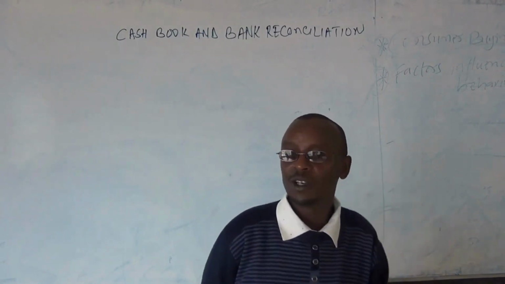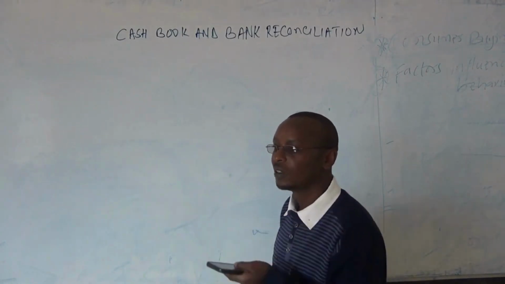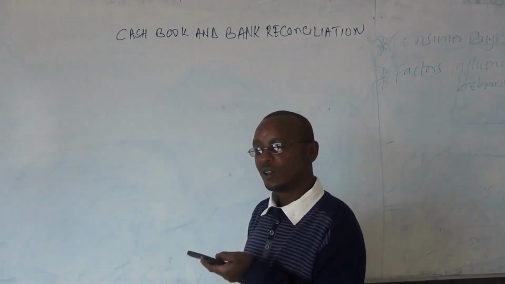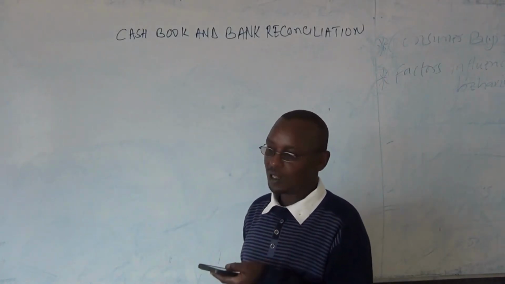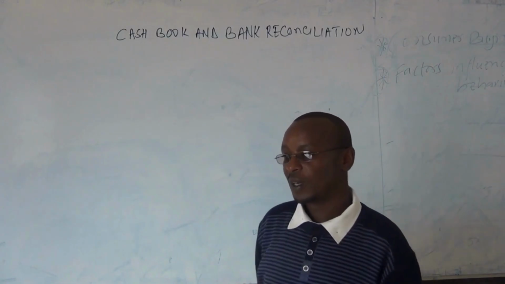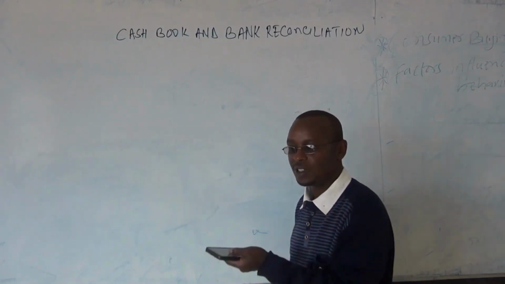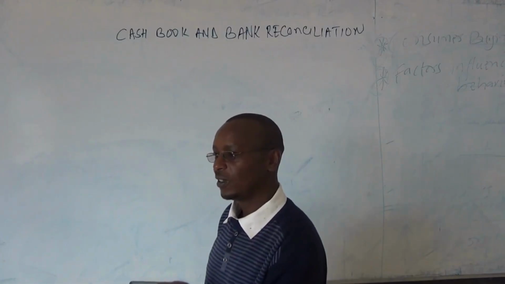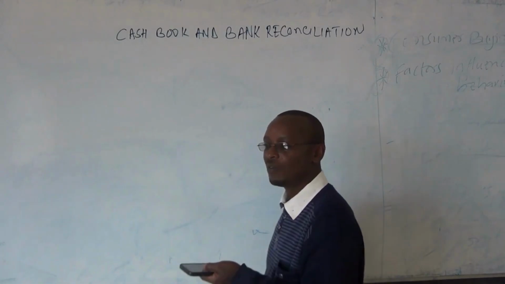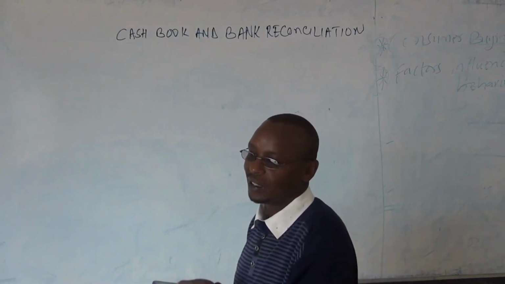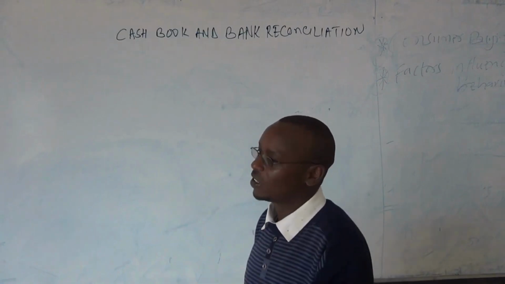The amount that you have reported in your cash book is not the same as the amount of cash that you have. Reason being, maybe you overpaid someone, or you paid someone without change. Those are the reconciliations that you need to do. Maybe there is money you have given out that needs to be brought back. Those are the reconciliations that you do for cash.